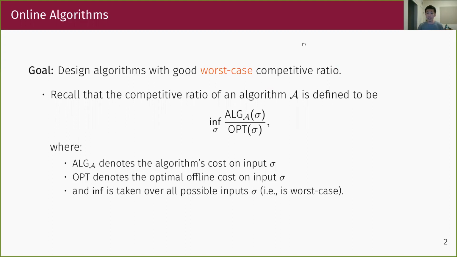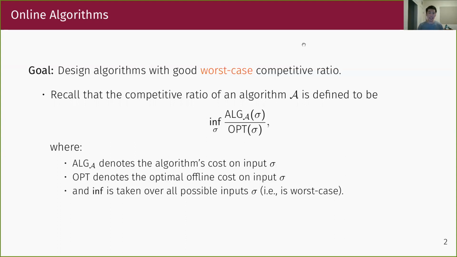So what this worst-case competitive ratio measures is the infimum over all possible inputs sigma of the ratio between an algorithm, let's say A, the algorithm A's performance on input sigma, and the optimal offline algorithm's performance on sigma.